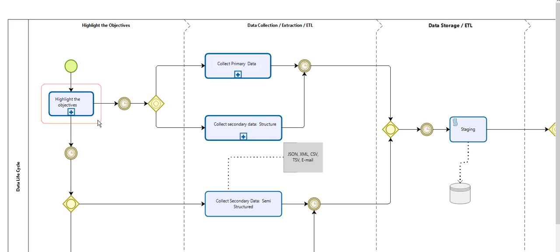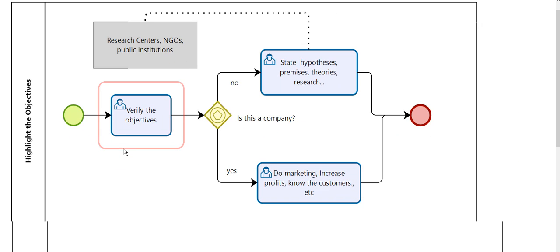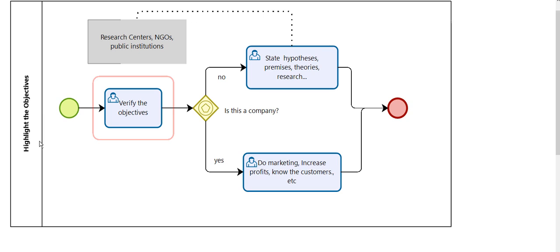And so we are going to see this sub-process, which begins with verifying the objectives, which means that you have to have clear objectives because you have to choose this data, or you have to take a decision on what type of data I am going to collect, no?